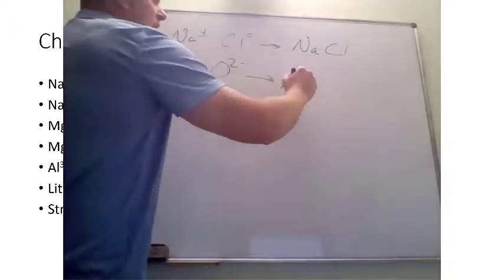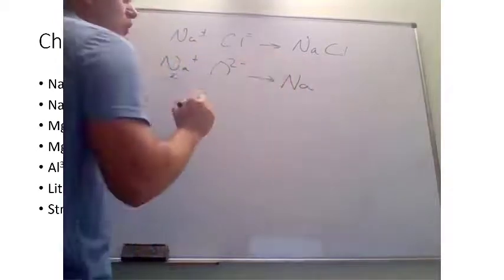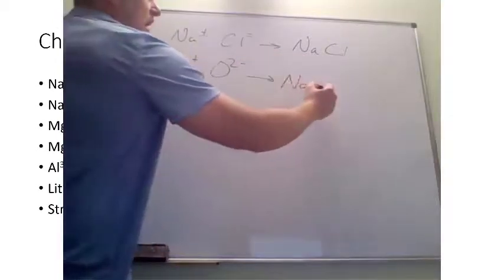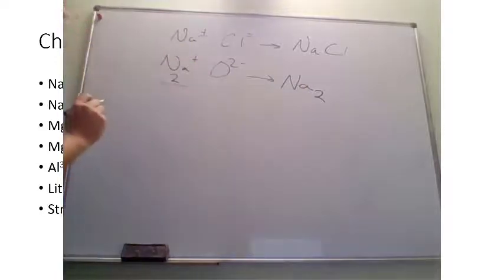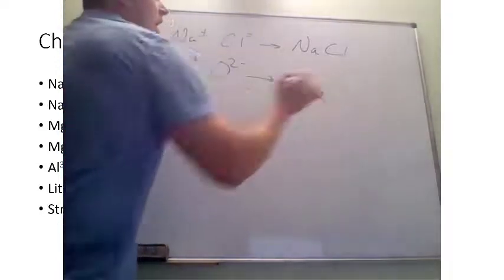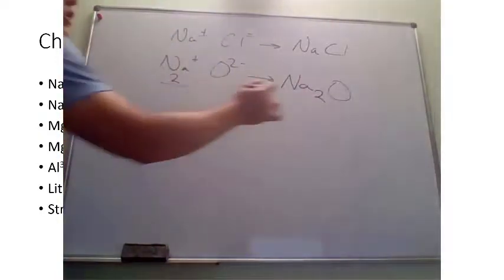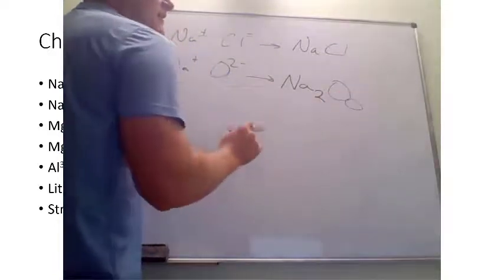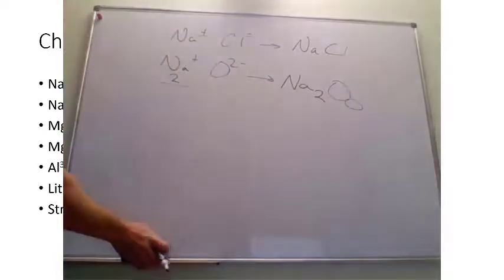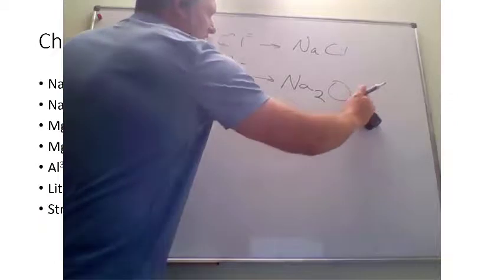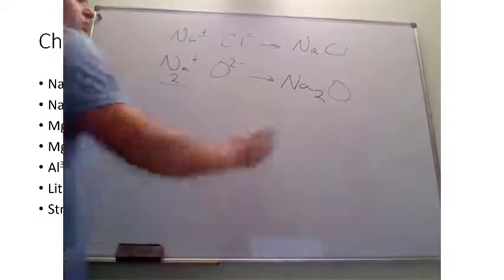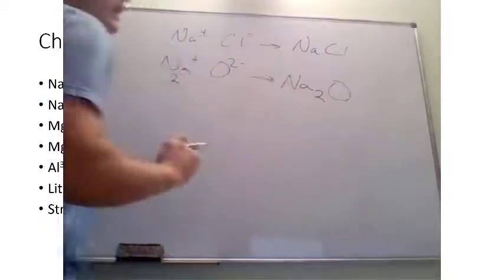So the way we would write that, we would have a sodium with a subscript of 2, and then an oxygen. When there's no subscript here, that indicates that there's just one species present. So that means that there's two sodiums per every one oxygen.